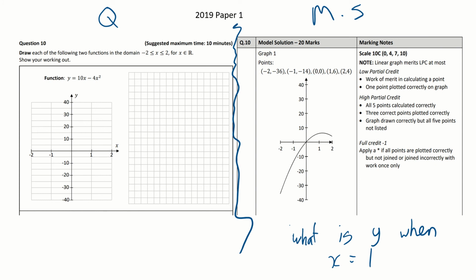So this is my x-axis here, the horizontal one. If I was to draw a line up to my graph here, it would hit it about there. And if I was to draw a line horizontally across from that, it would hit it just below 10, and I would say that would maybe be about 7.